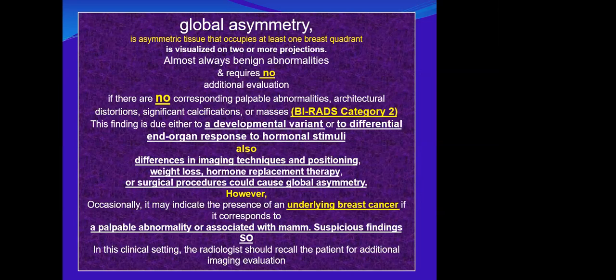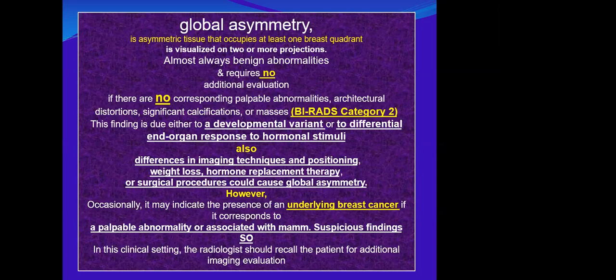This finding is usually due to a developmental variant or a differential organ response to hormonal stimuli. Also, differences in imaging technique and positioning might result in an asymmetry. As we mentioned, weight loss, hormonal replacement therapy, and surgical procedures could also cause global asymmetry.